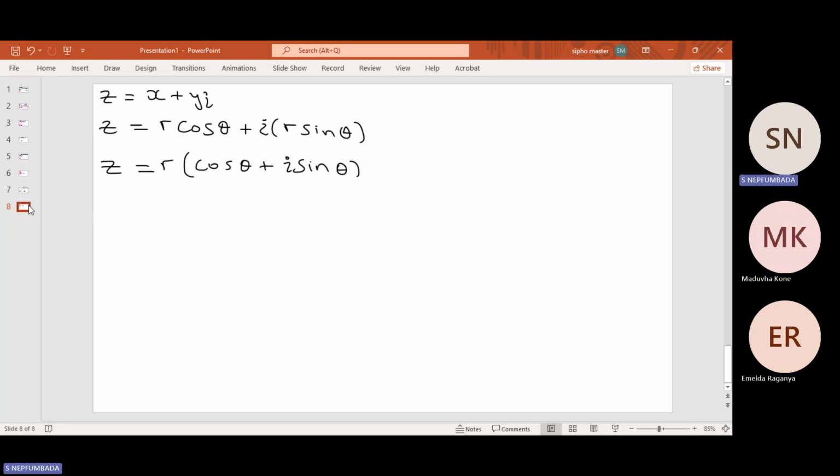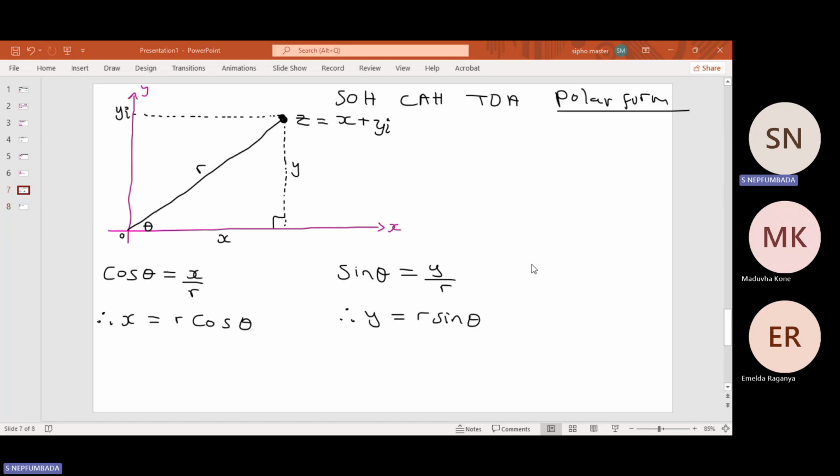We know from our diagram that the tan of angle theta is equal to y over x, then theta is equal to tan arc y over x. This angle is called the angle theta.